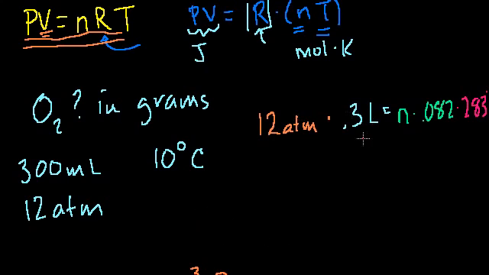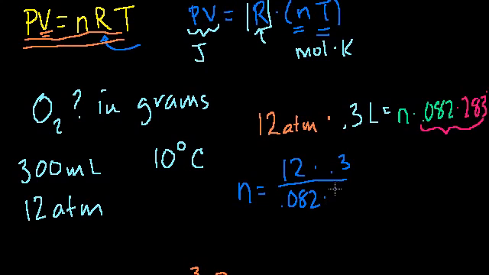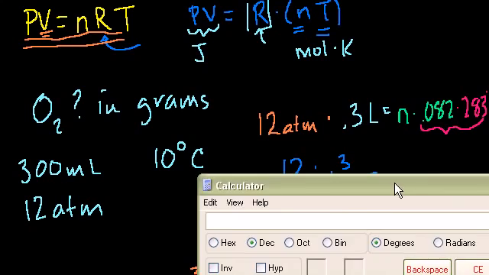So to solve for N, we just have to divide both sides of this equation by this right here. And so we have N is equal to 12 atmospheres, I'm just swapping the sides, times 0.3 liters divided by 0.082 times 283 degrees. And our answer will be in moles.